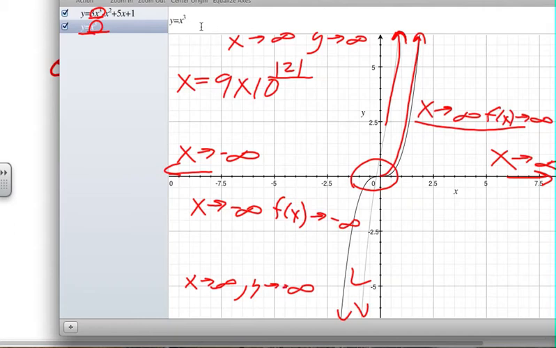And the reason you get a negative here is when you cube a negative number, you're going to get another negative number. So the important thing to remember is that we're interested in the highest order term, and we're interested in what happens as it gets very, very, very big.